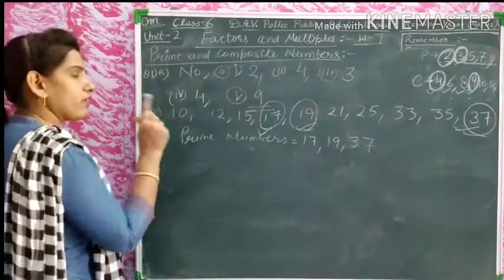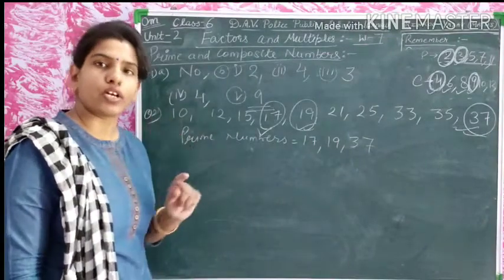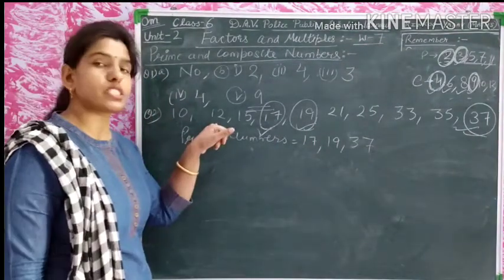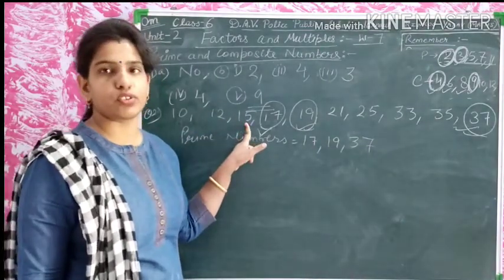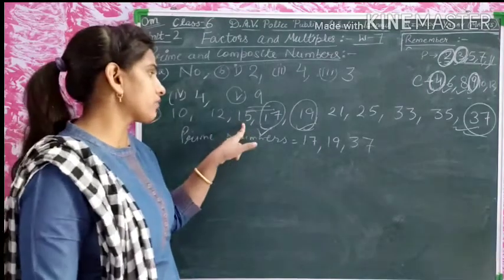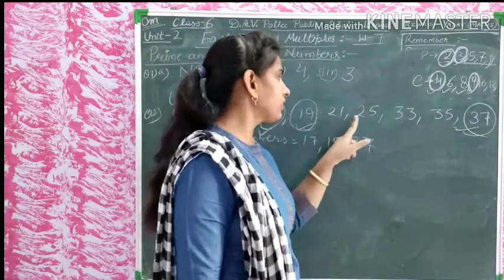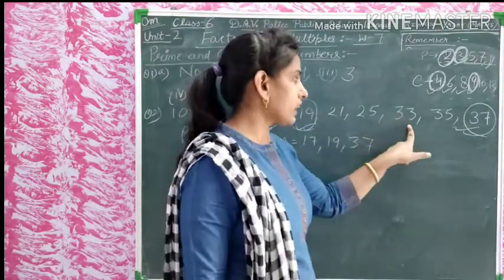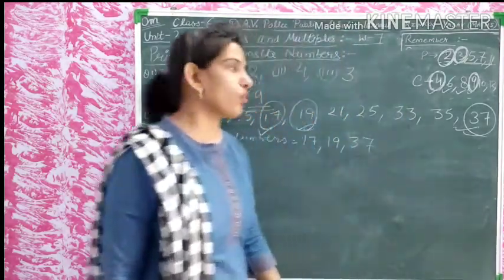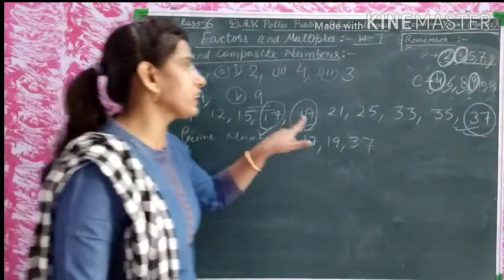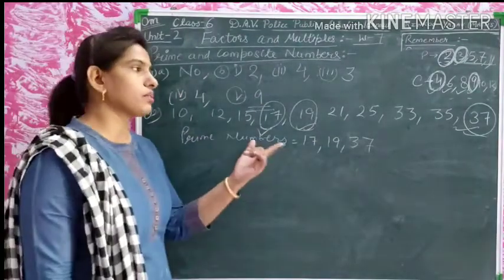They are divided only by 1 and themselves. But the other numbers are also divided by other numbers, so they are composite. 12 is divided by 2, 3, and 4. 15 is divided by 3 and 5. 21 is divided by 3 and 7. 25 is divided by 5. 33 is divided by 3 and 11. 35 is divided by 5 and 7. So these are composite numbers, but 17, 19 and 37 are not divided by any number except 1 and themselves. So these numbers are prime numbers.